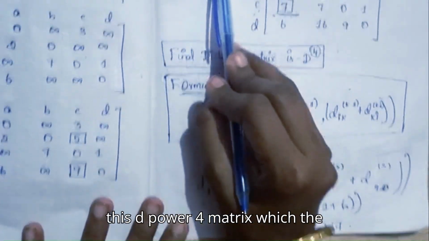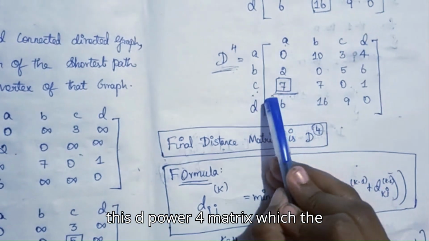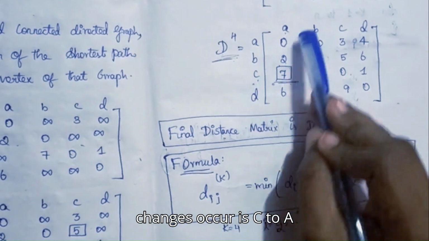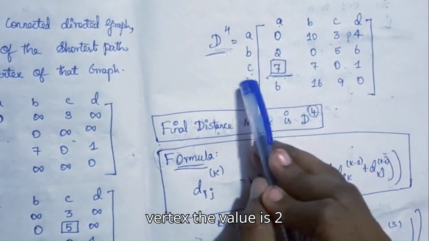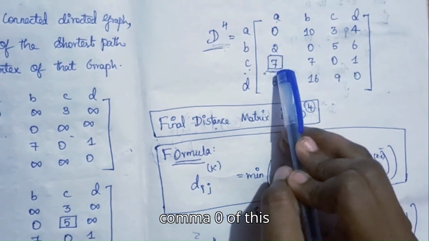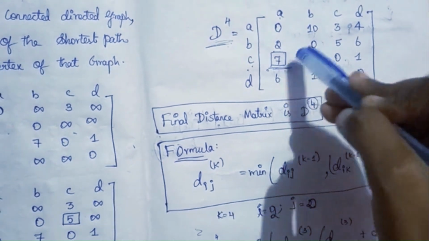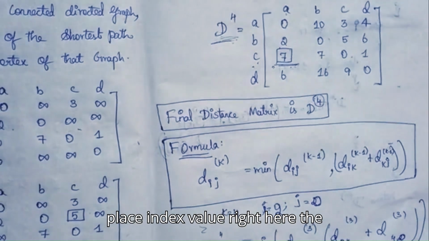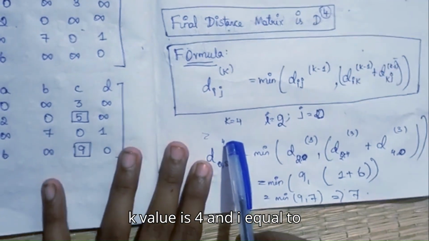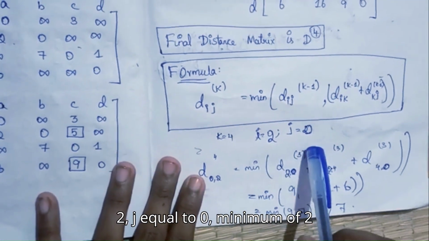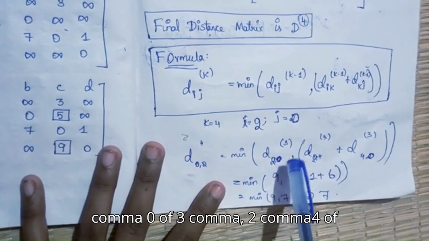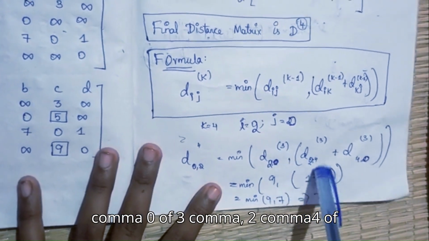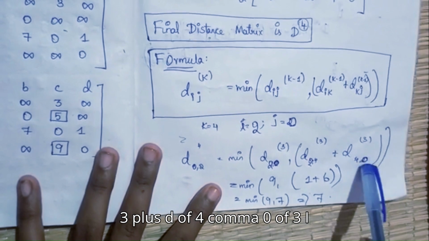I will take this D power 4 matrix, where the change occurs at the C to A vertex. The value is at index 2, 0. Here the k value is 4, i equal to 2, j equal to 0: minimum of d of 2, 0 of 3, comma, d of 2, 4 of 3 plus d of 4, 0 of 3.